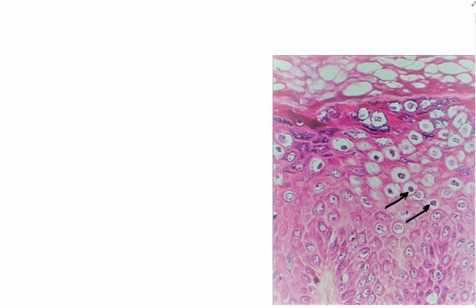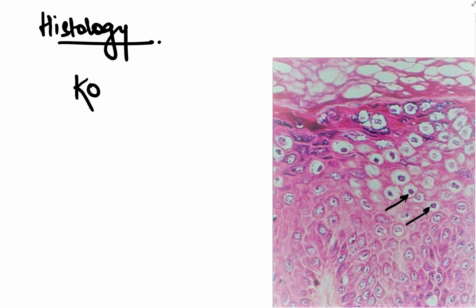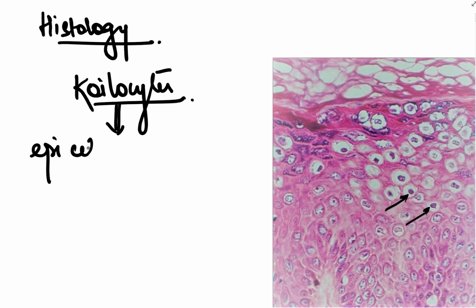Now if you do histology in this case, you'll find coelocytes. What are coelocytes? These are squamous epithelial cells, like keratinocytes, which have undergone various structural changes.